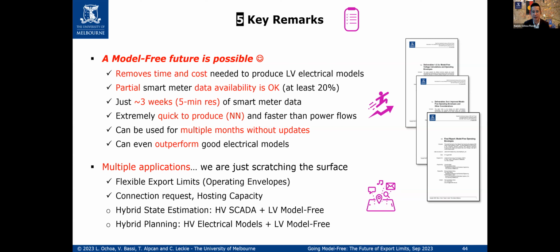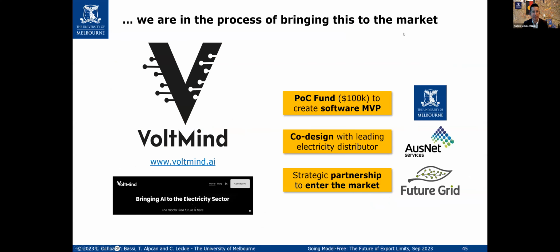And this particular project, this 2-year project funded by C4Net and the different distribution companies of Victoria, really allowed us to demonstrate this and to produce this. And we're very thankful for this opportunity. Now, this also allows us to bring these ideas to the market, and we're in the process of doing that. The University of Melbourne was very kind to award us a proof of concept fund, and we're developing the software.